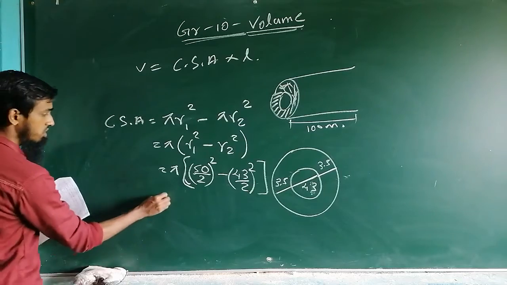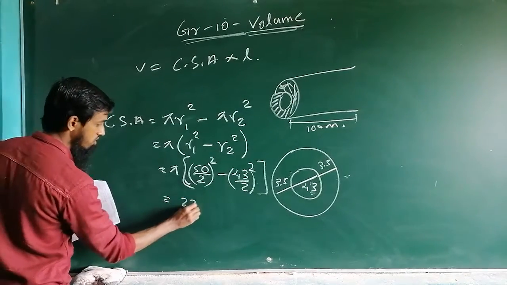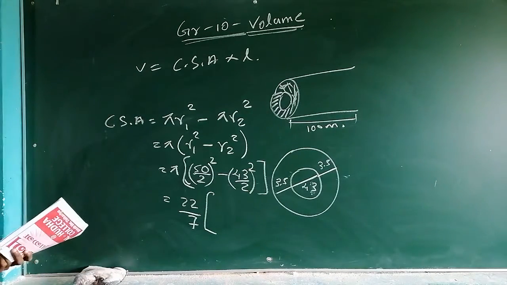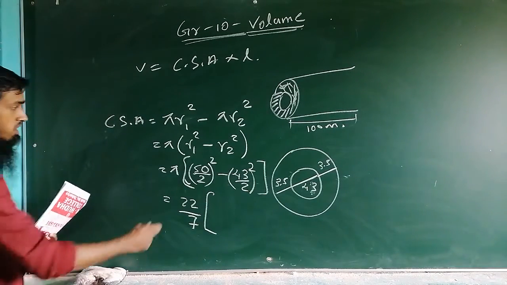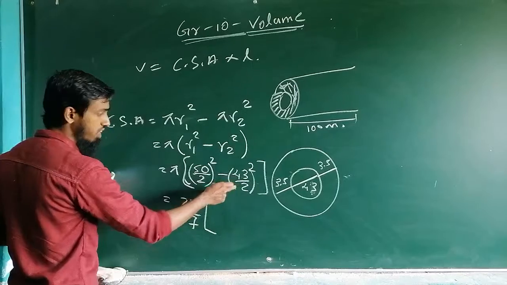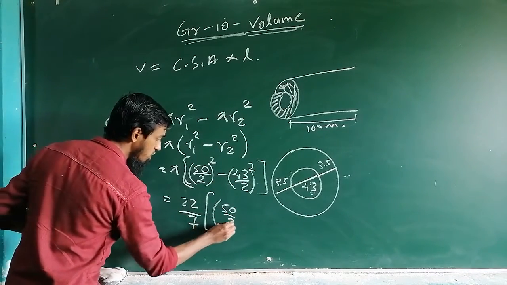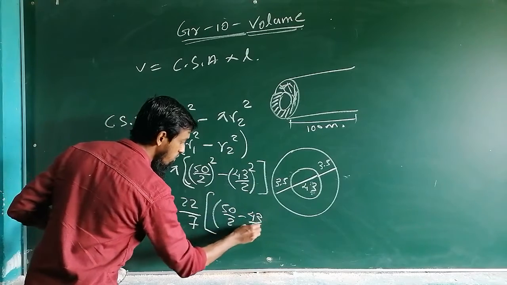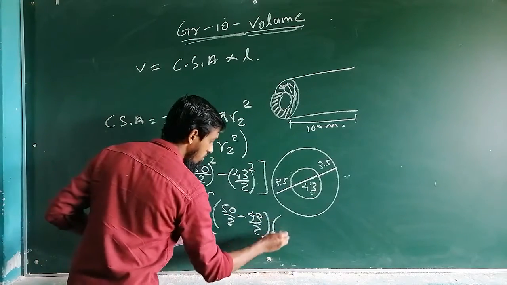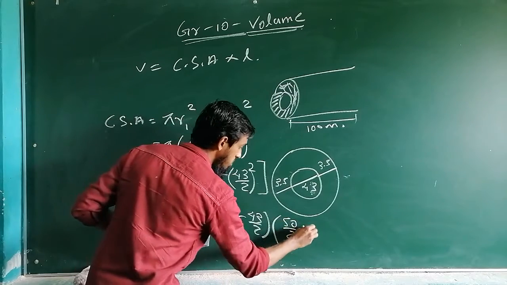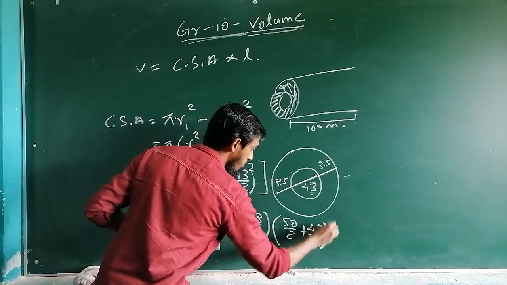Then we can go for a squared minus b squared: (50 over 2 minus 43 over 2) times (50 over 2 plus 43 over 2).